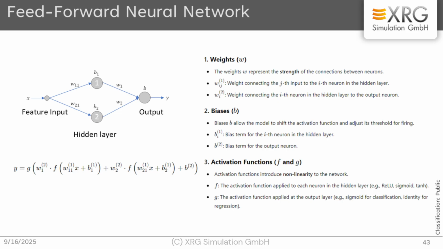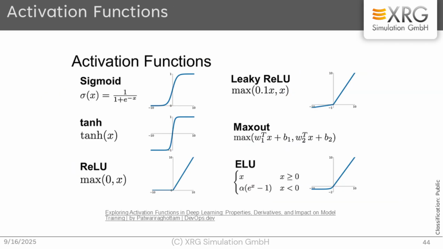That way we can have a more complex equation that is going to be trained, or adjusted, to our problem. If you have a more complex application, you also need more complex neural networks.